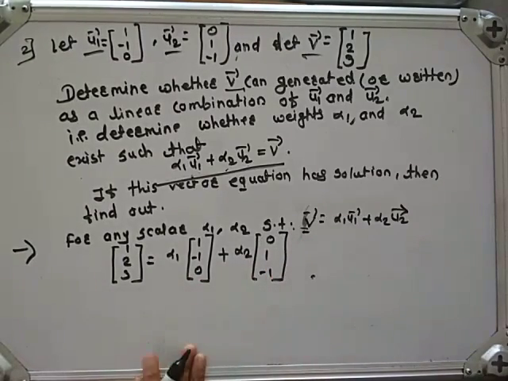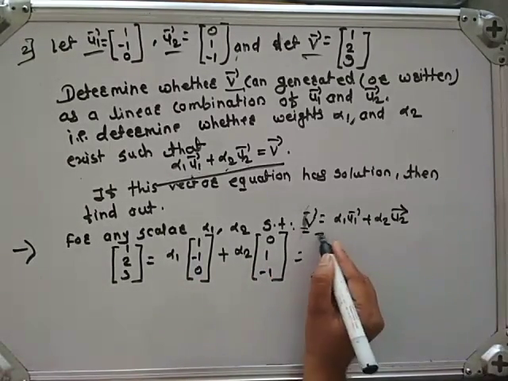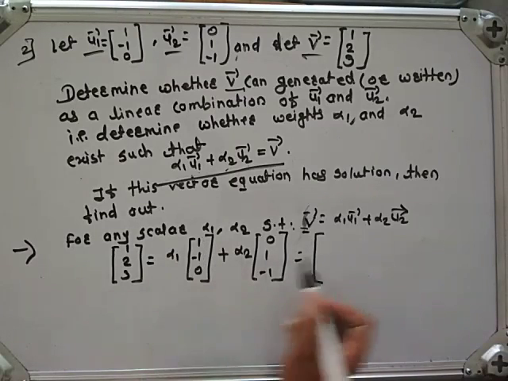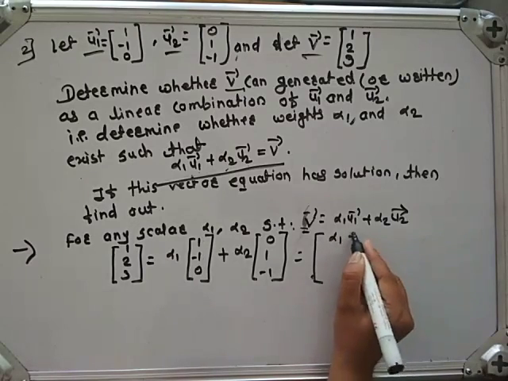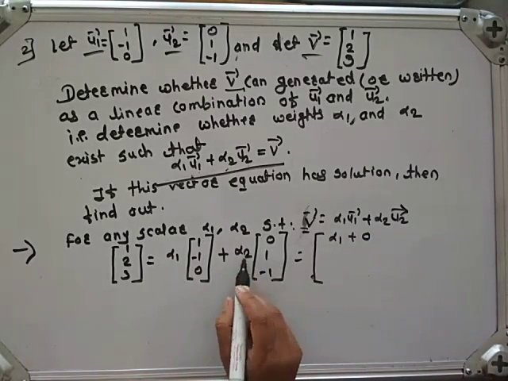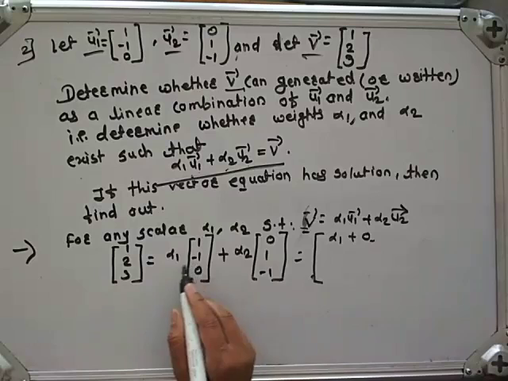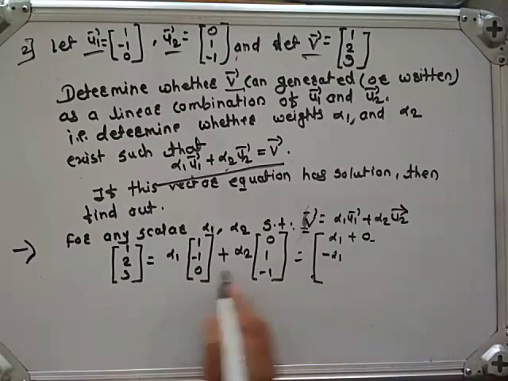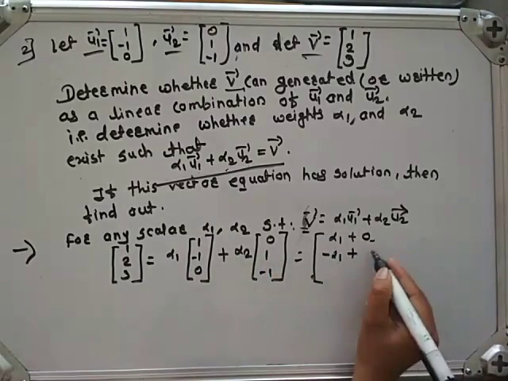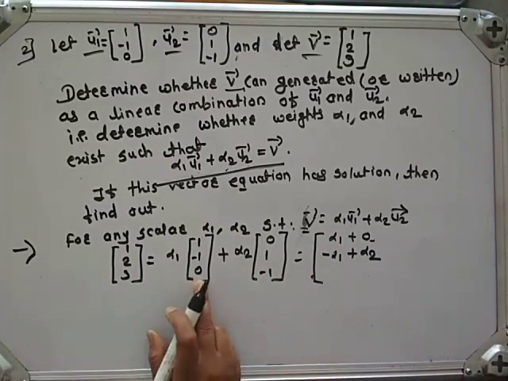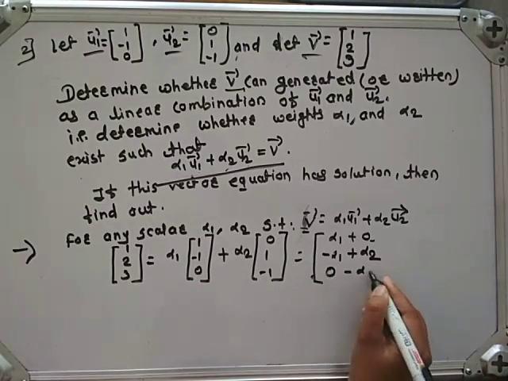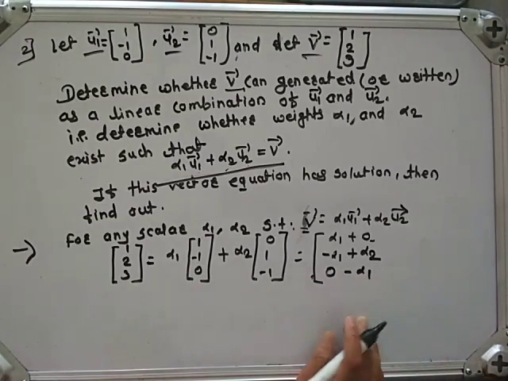Which is nothing but matrix alpha 1 into 1 means alpha 1, plus alpha 2 into 0 is 0. Then minus 1 into alpha 1 is minus alpha 1, plus alpha 2 into 1 is alpha 2. 0 into alpha 1 is 0, and alpha 2 into minus 1 is minus alpha 2.